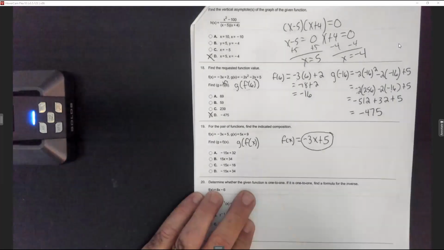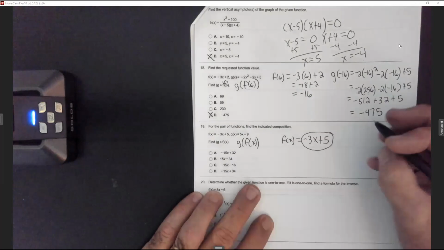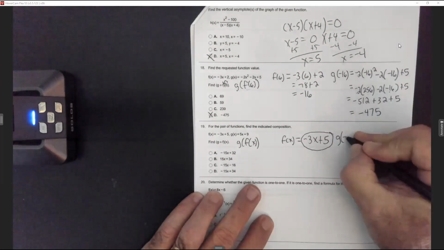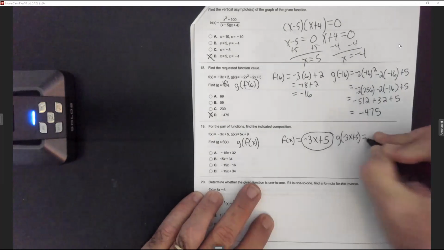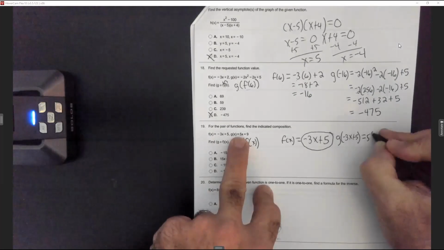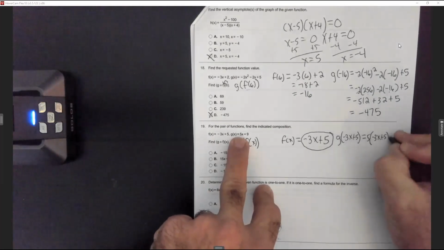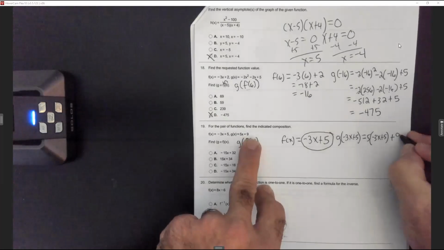So that whole thing now goes into the G equation. So you're going to find G of -3x plus 5. So take this G equation, which is 5, times x, which is -3x plus 5. At the end is a plus 9.